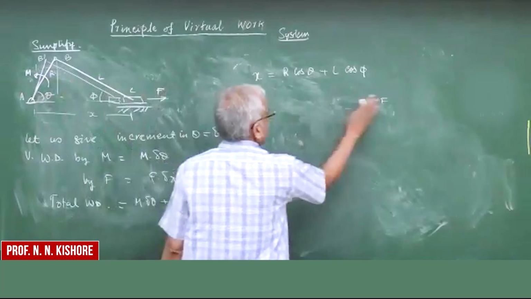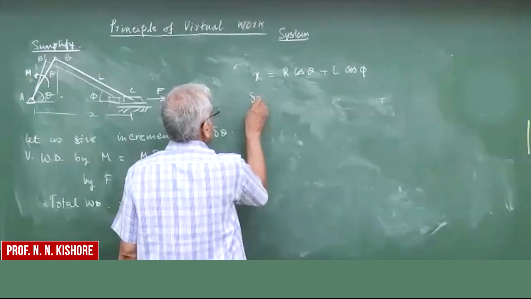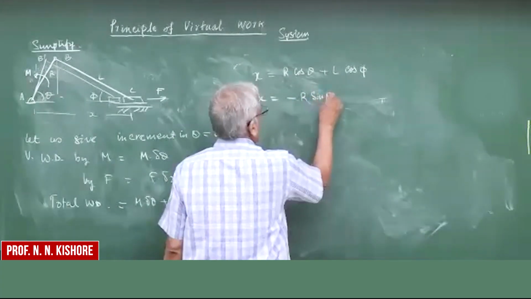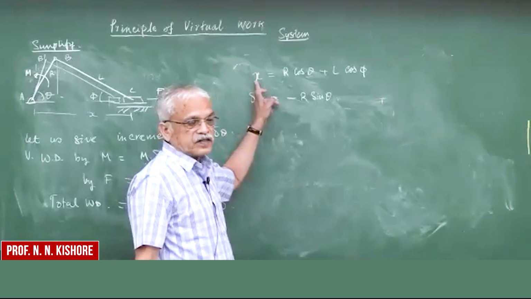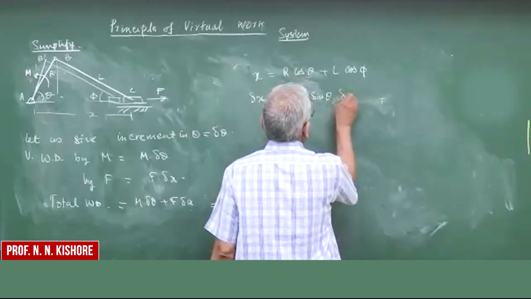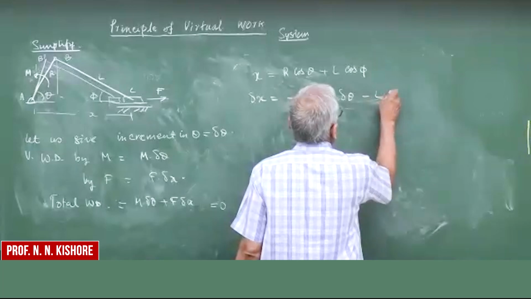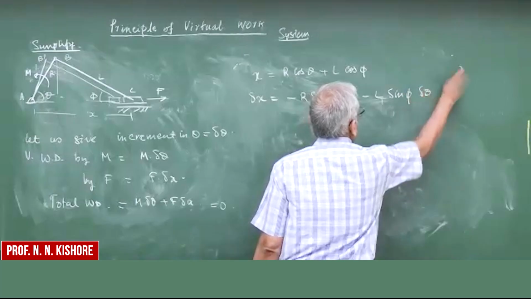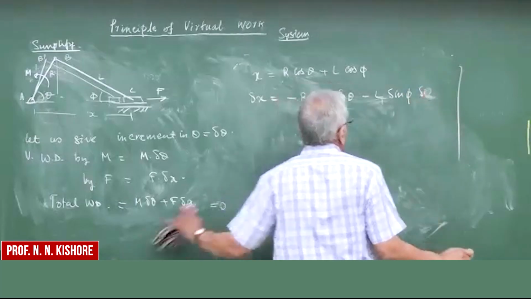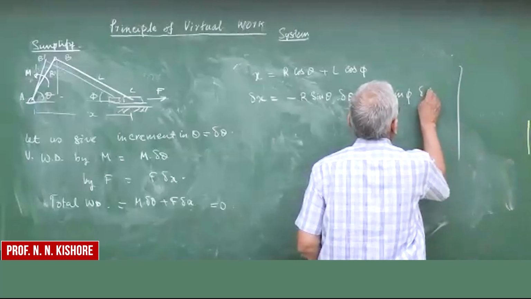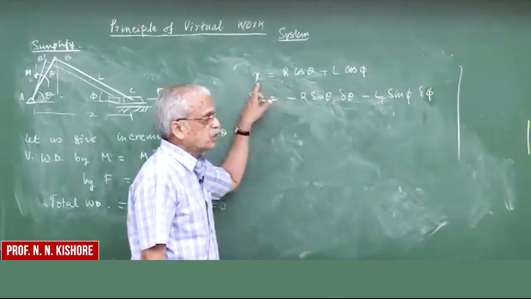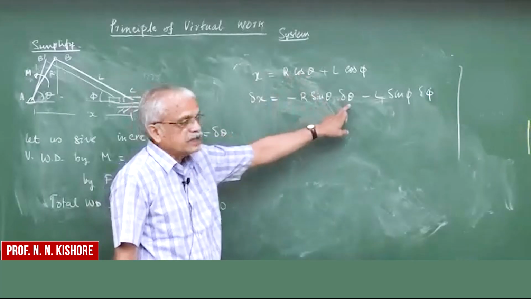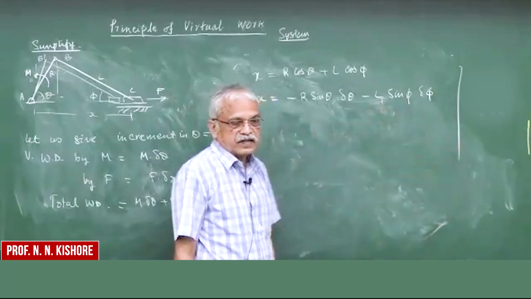Interestingly, I'm including many new variables. If I take a small variation delta x, this follows the same rules of differential calculus. So you differentiate this to find the small delta x: r sine theta delta theta and L sine phi delta phi.